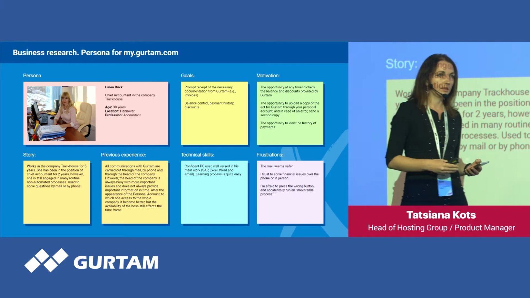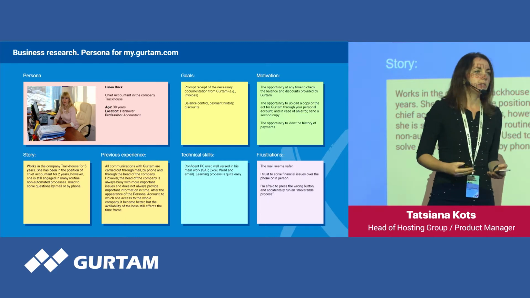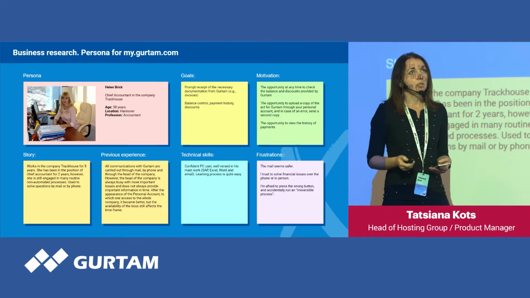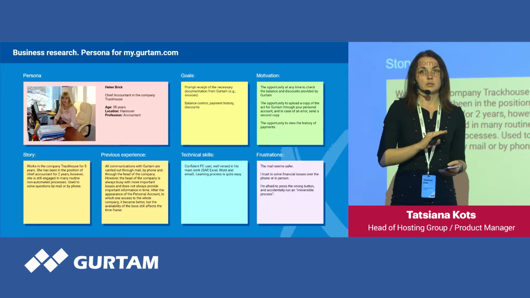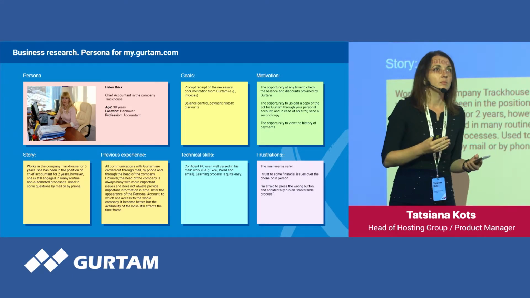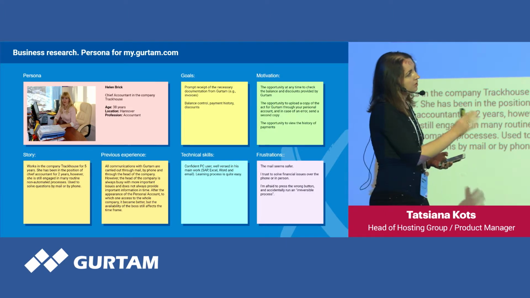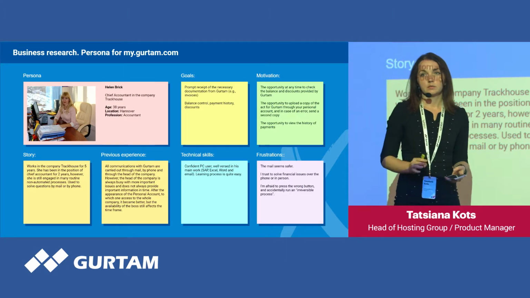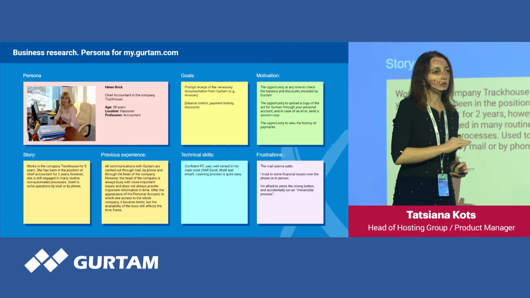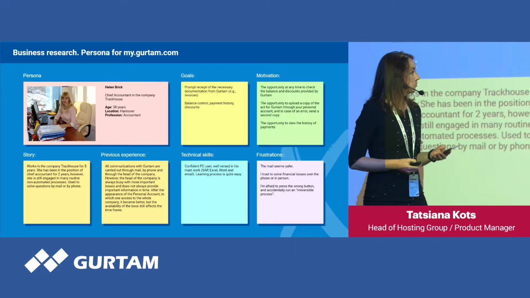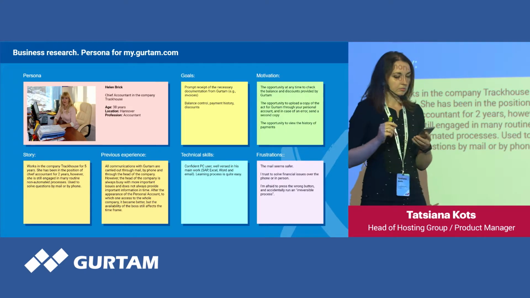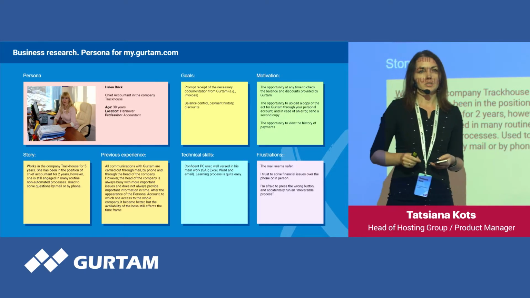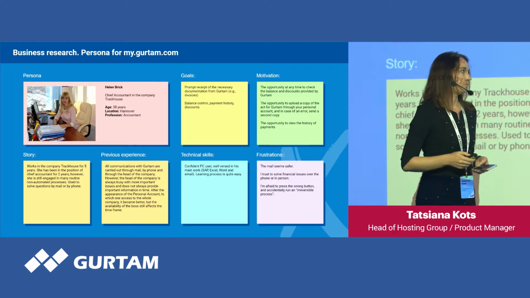And if the answer is correct, then we should think about this case. This is not a real person. It's just some kind of common user of our particular program. We compose it from the main characteristics of our users.